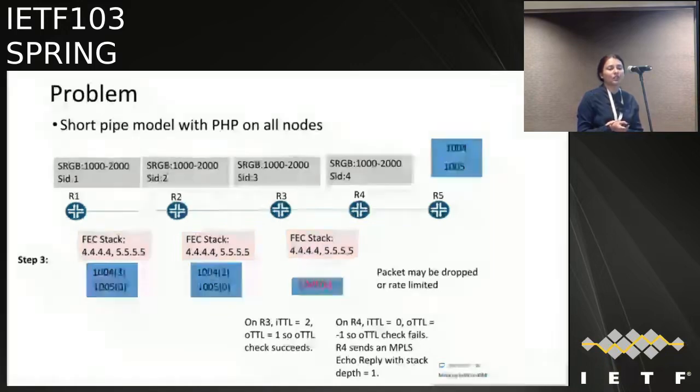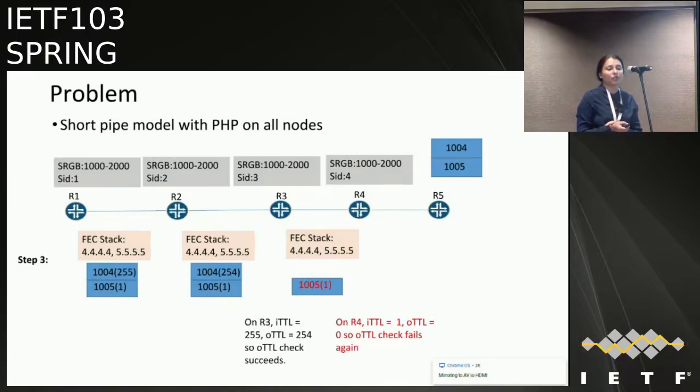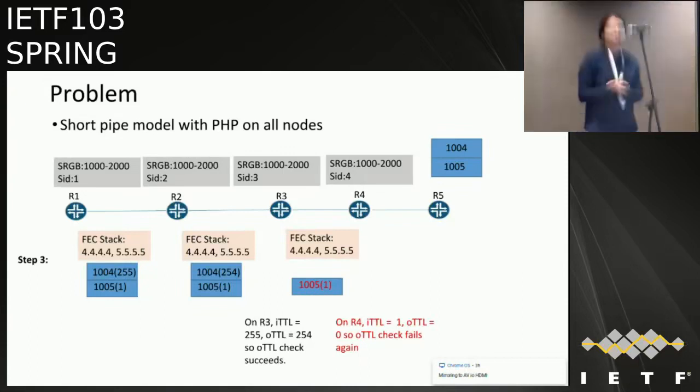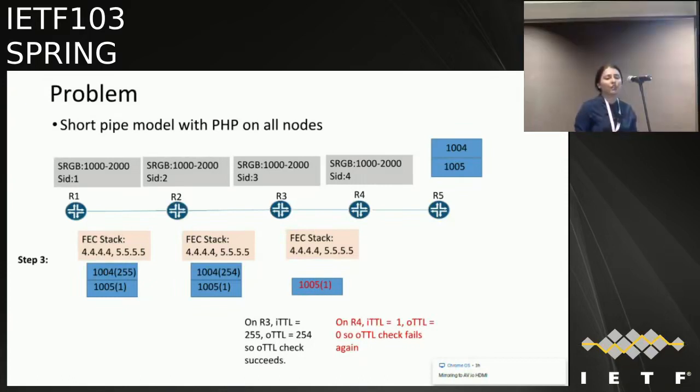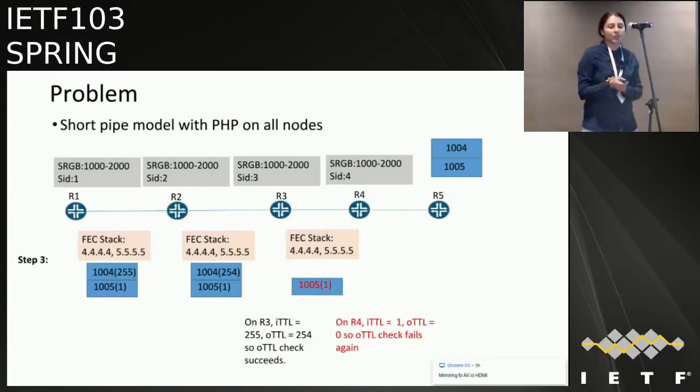We set the TTL to 1 for 1005, and because R3 is popping the label, when the label reaches R4, the TTL again expires. Our expectation in this step was to reach R5, but the TTL expires on R4.